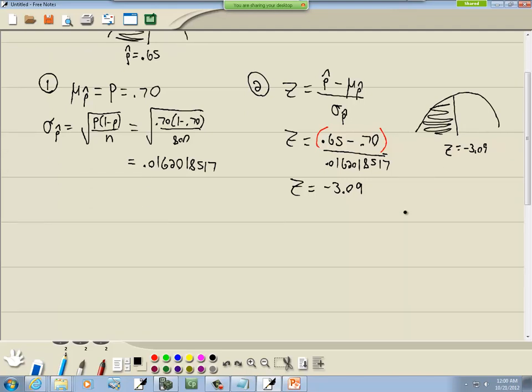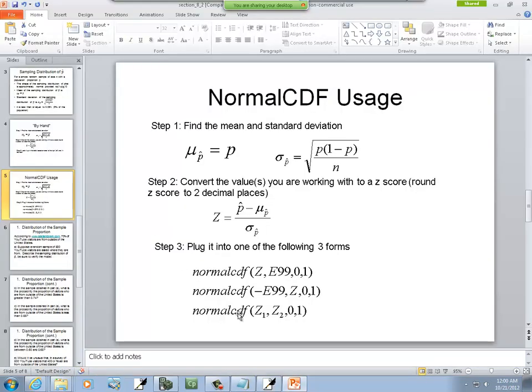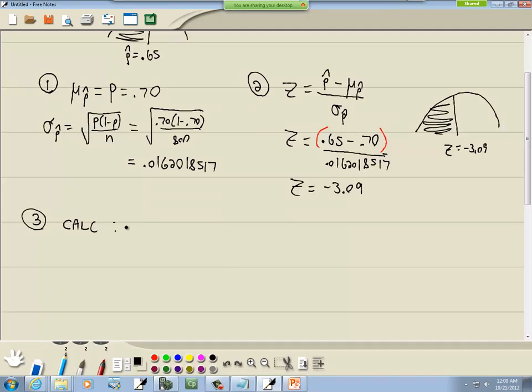Okay, so step 3. First, let's look at it with the calculator. It's going to shade to the left, so we're going to negative E99. So we'll do normal CDF, negative E99, and then our negative 3.09, and then 0 and 1 for our mean and standard deviation.